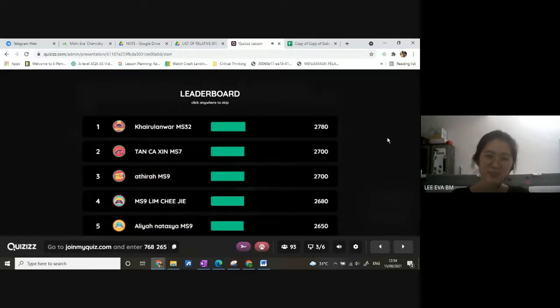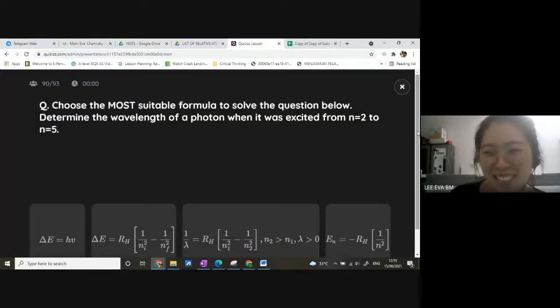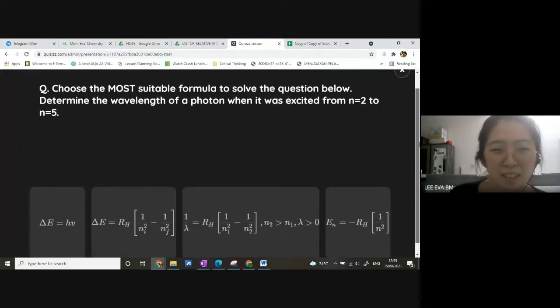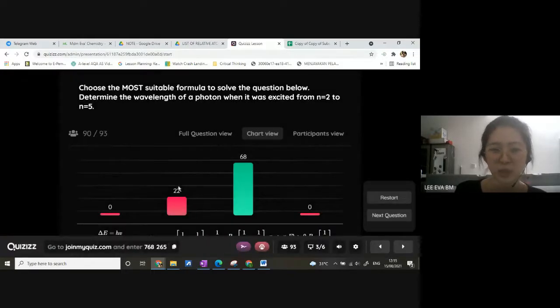We changed a little bit of the leaderboard. Let's look at the full question, because we got some different answers. Which is the most suitable formula to solve the question below? The question is asking for wavelength, so the best formula is the wavelength formula. This also helps you answer your tutorial questions. For those who chose delta E, you need to think about what the question is asking.